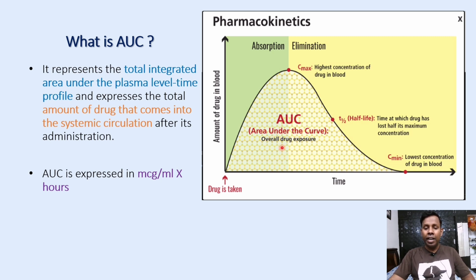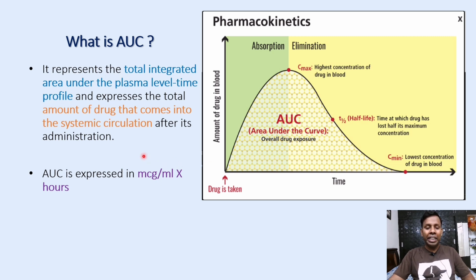If this AUC is more, that means more drug has entered the systemic circulation, and if this area under the curve is less or small, then less drug has entered the systemic circulation. So this AUC is a measurement of the extent of drug absorption.